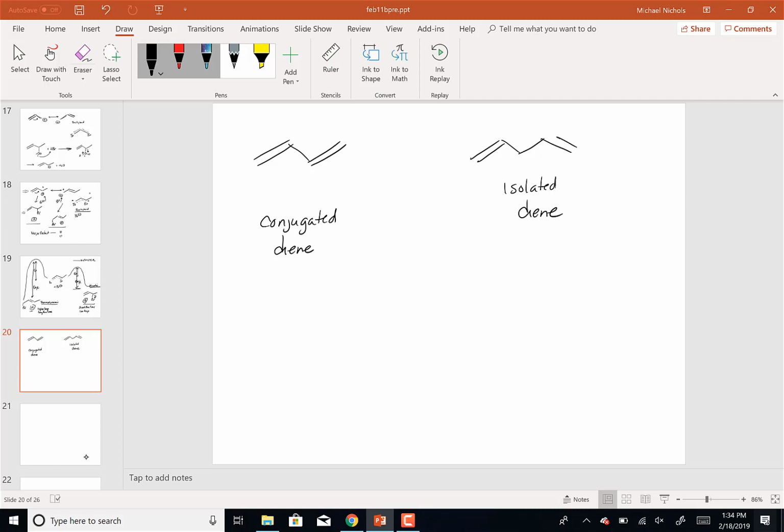Isolated dienes are easy. Each double bond will react independent of the other, and I can do all the reactions of double bonds on my isolated diene. So that just took chapter 12 and now brought it into play.